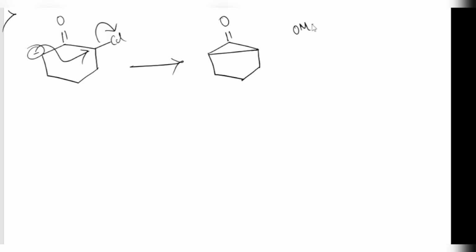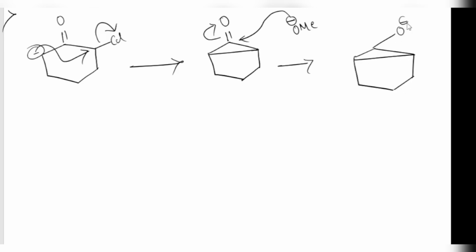Then attack of methoxide to this particular carbonyl group will take place, and generation of tetrahedral intermediate, and finally we will get it like this, O minus is there, and here OMe, right. When this carbon and oxygen make a double bond, either this one can break or this one can break, both are symmetrical in nature.